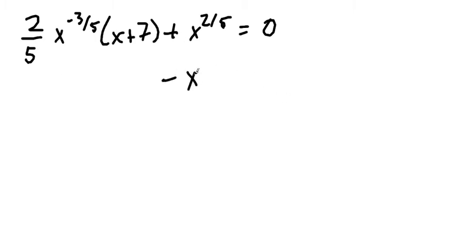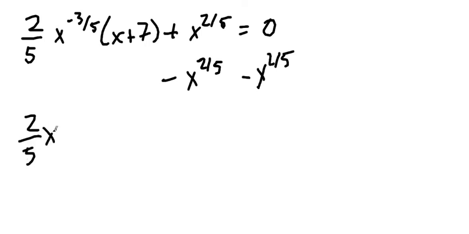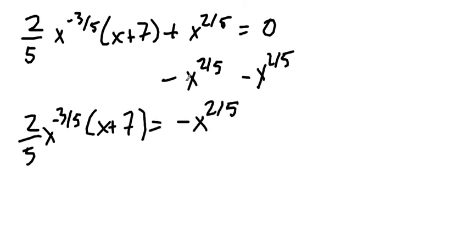Another thing I could do is subtract x to the 2/5 from both sides. And I get 2/5 x to the minus 3/5 times x plus 7 equal to minus x to the 2/5. And then I could say I've got a power of x over here. Let me divide both sides by this power of x, x to the minus 3/5.